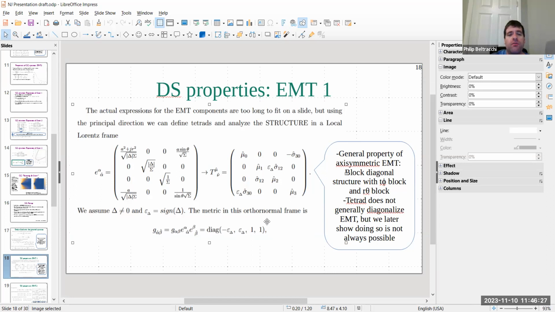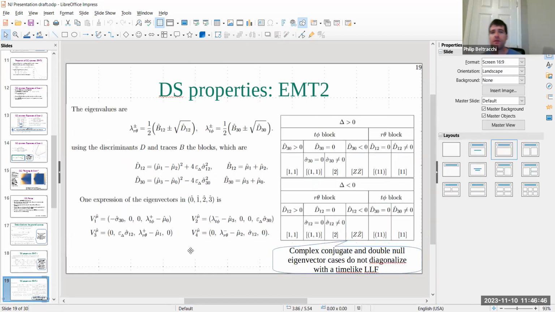So that is equivalent to delta switching sign here. But if delta is greater than 0, then our orthonormal metric has the standard form.